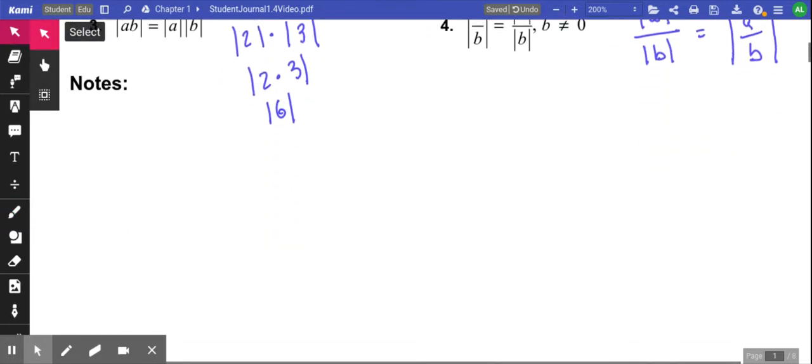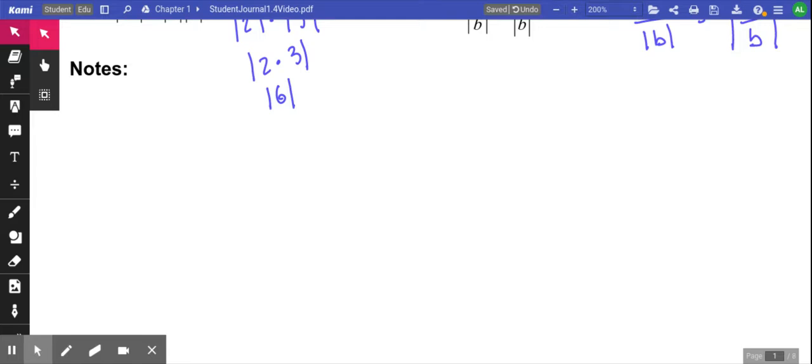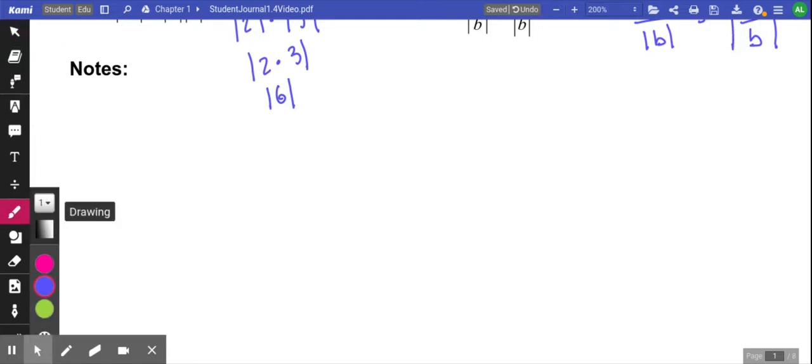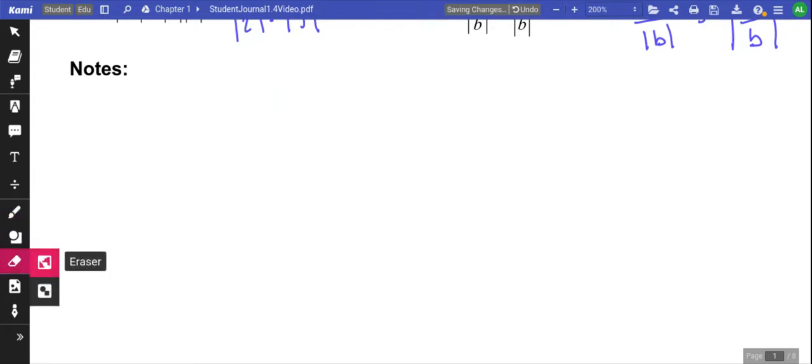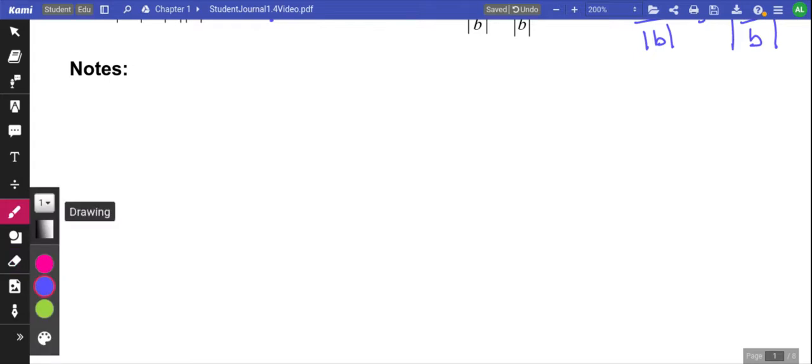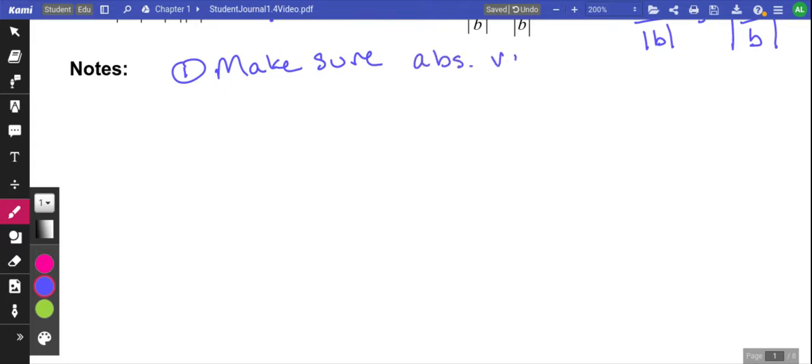So the thing to remember: there are 2 steps I want you to follow when you're solving these absolute value equations. The first thing you need to do is make sure the absolute value is isolated on one side.